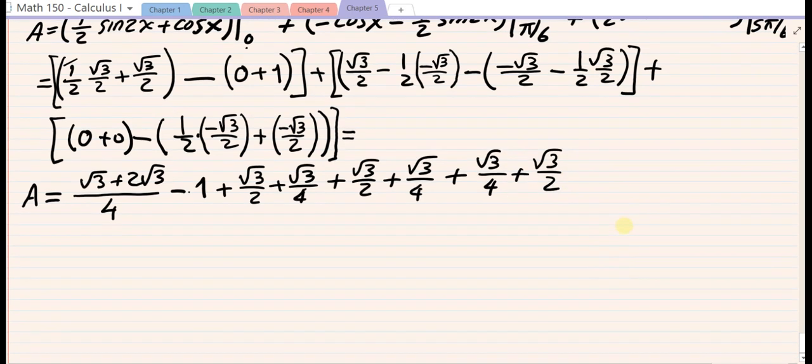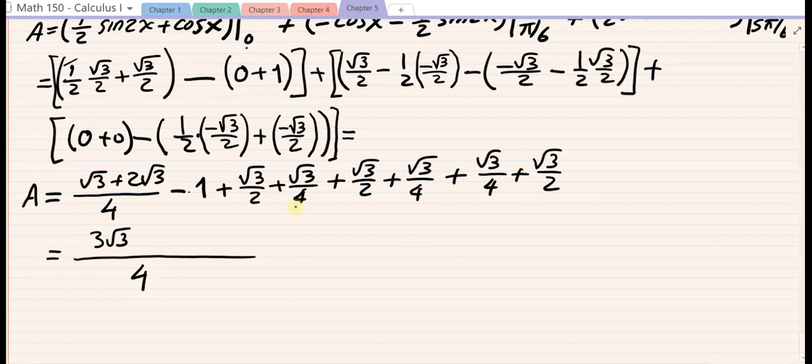Now I can combine all of these together. Keep negative 1 aside. Everything has a square root of 3 in the fractions, right? So let me do this. Here's LCD of 4. 2 root 3 and root 3, that's 3 root 3, correct? Over 4.